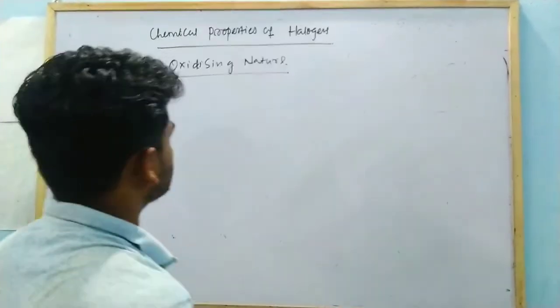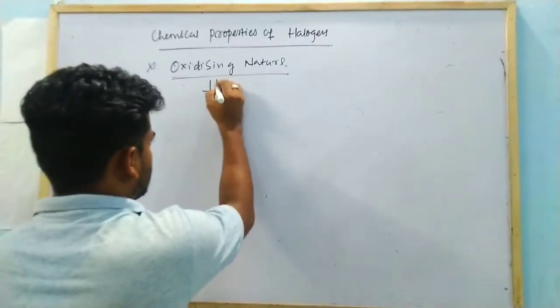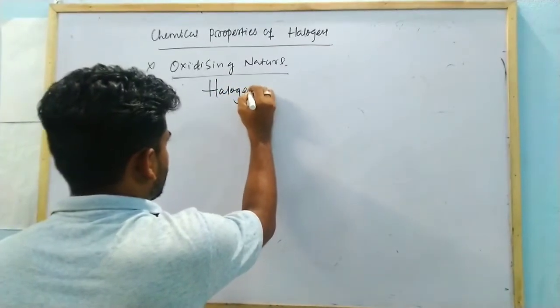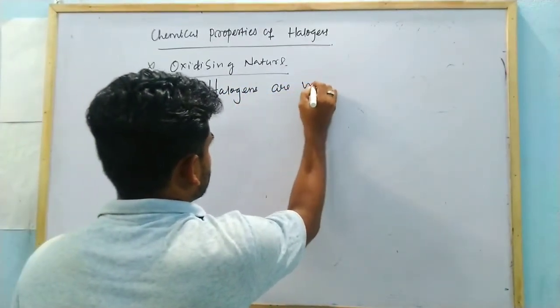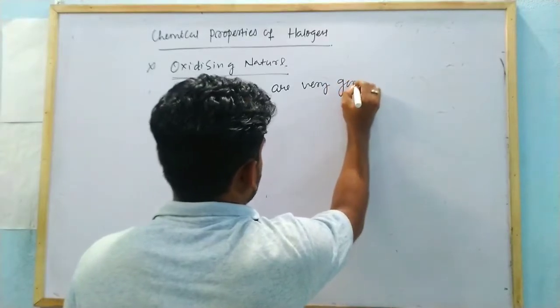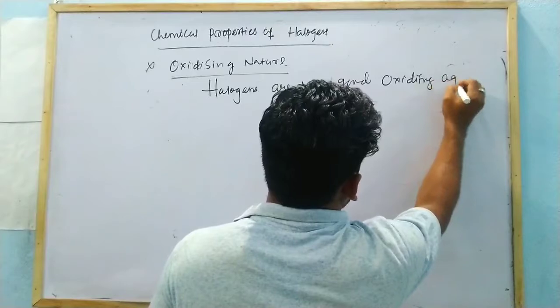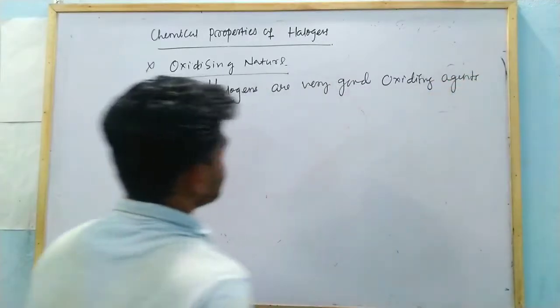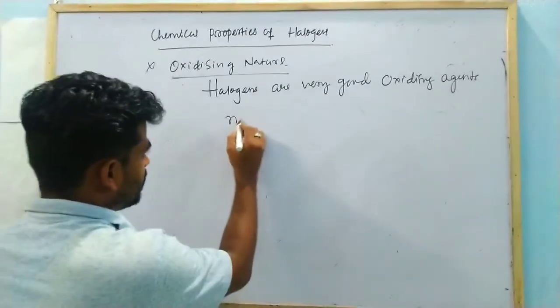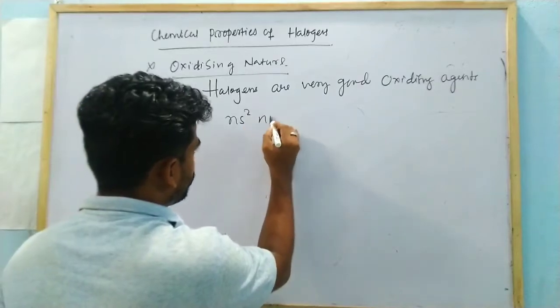Halogens are very good oxidizing agents. Why? You see their general configuration, that is ns2 np5.